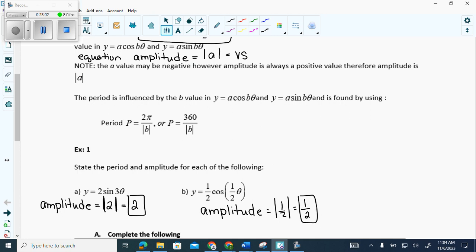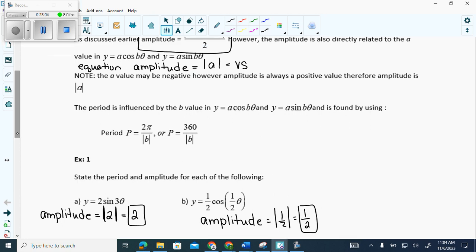All right. Off of an equation, we can also just use this formula. We could do 2 pi divided by the absolute value of B, or 360 divided by B, remembering that B is just in here. So if our B is 3, do you see it?